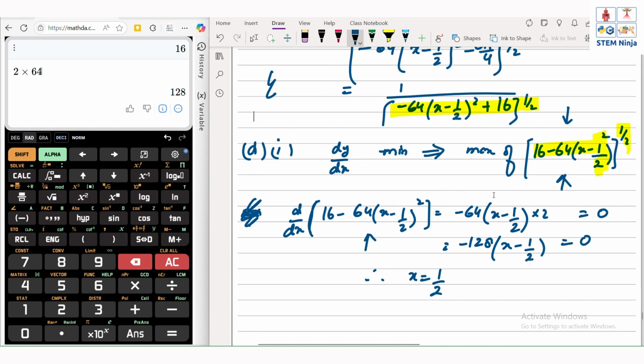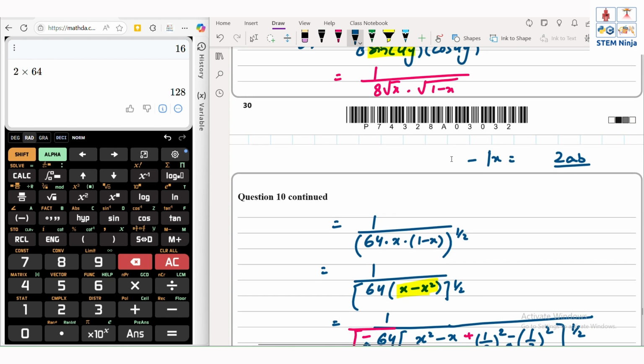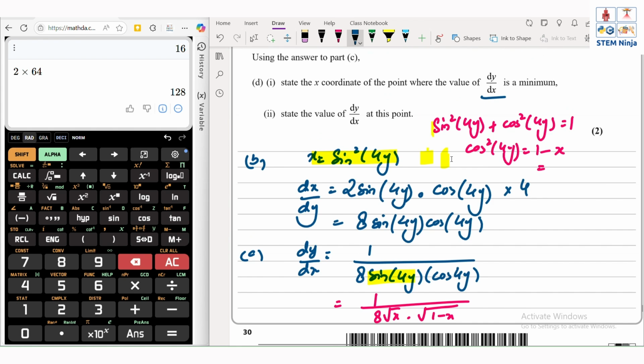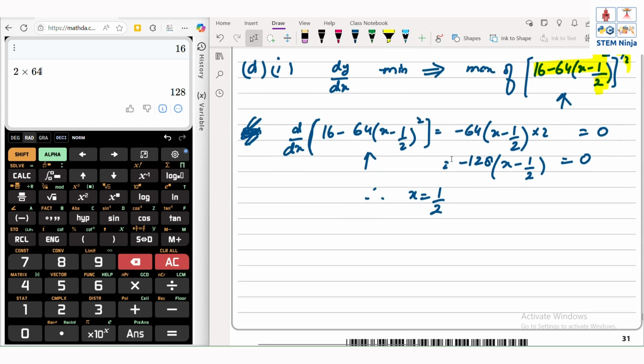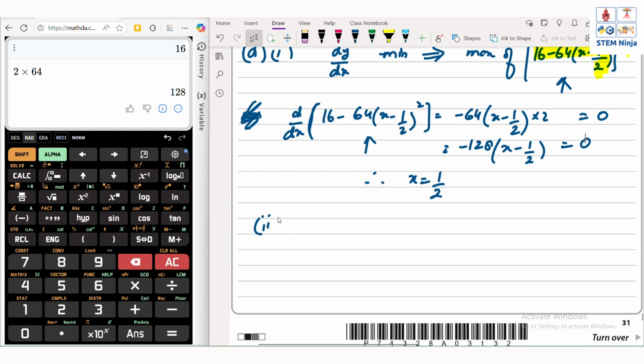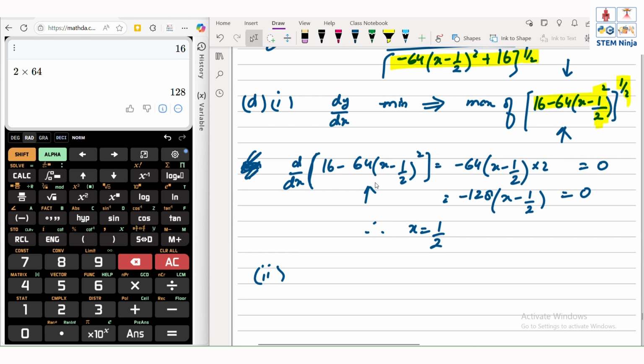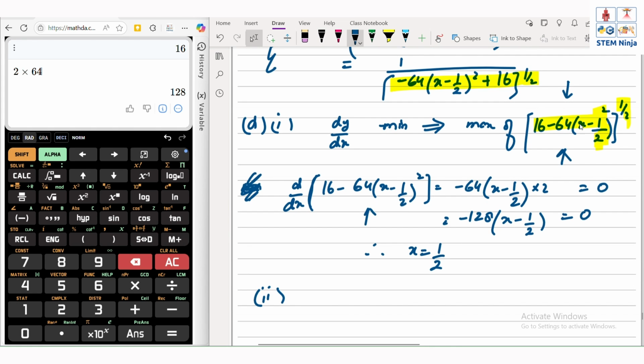That's it. Now, what the question was, state the value of dy by dx at this point. So that means at x is equal to that, we are finding the maximum value of this thing. So when x is half, 16 minus 64 times half minus half squared, that is 0.